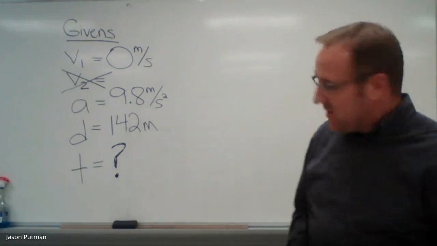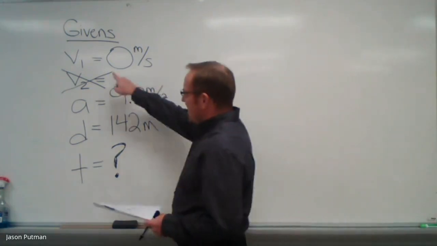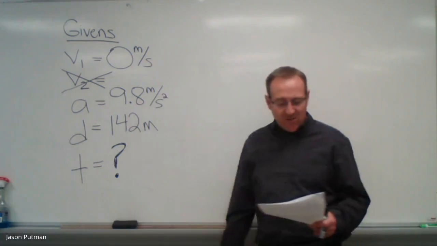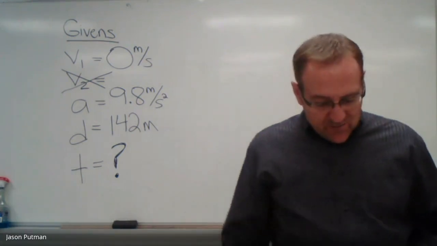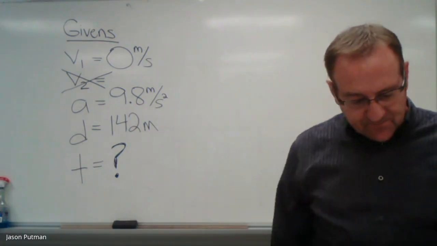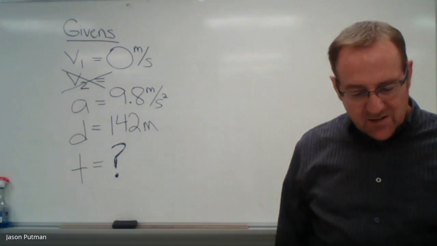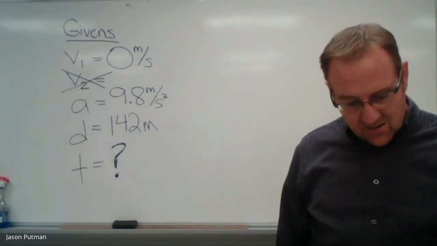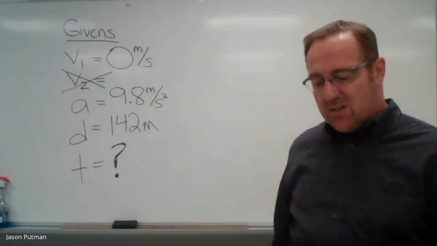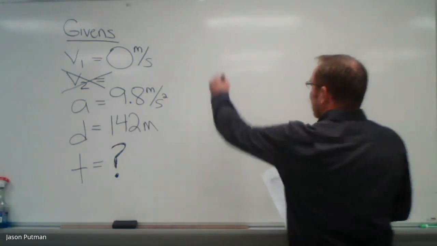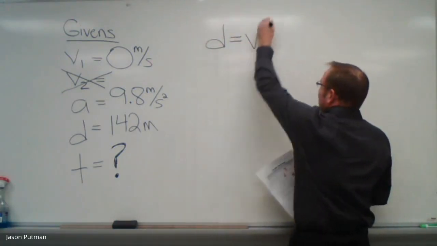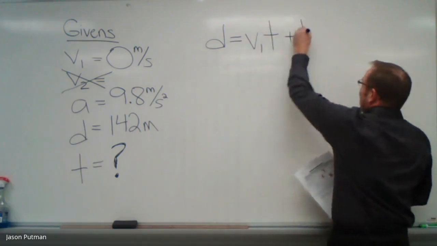You want to pick the formula that doesn't have the variable that's not even mentioned at all, V2. So if you scroll through the list, the formula that has no V2 in it whatsoever is the first one, again, by coincidence. So we have this: d equals v1 t plus 1/2 a t squared.